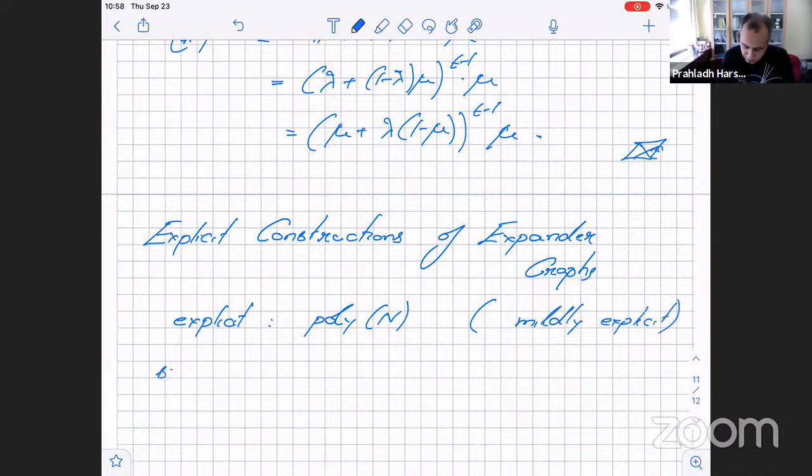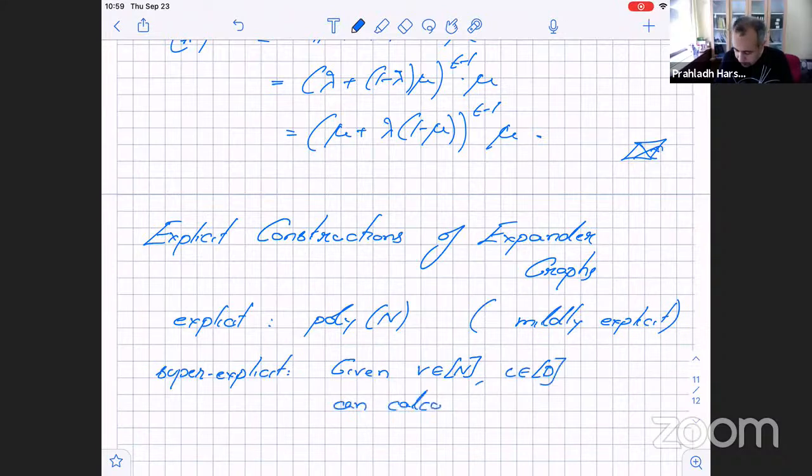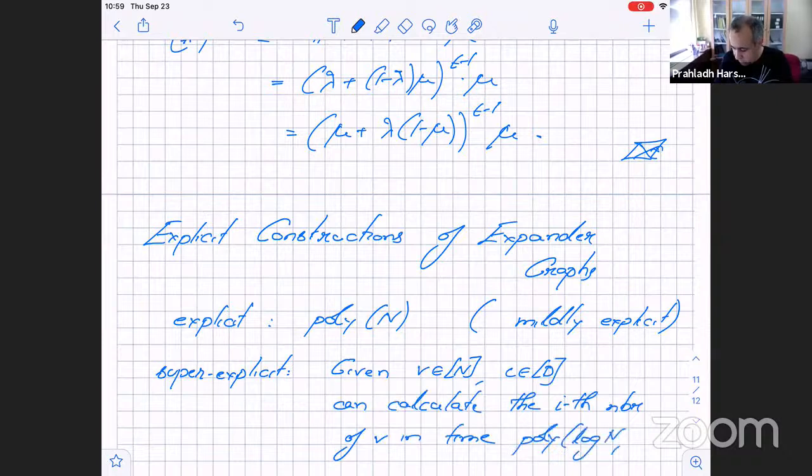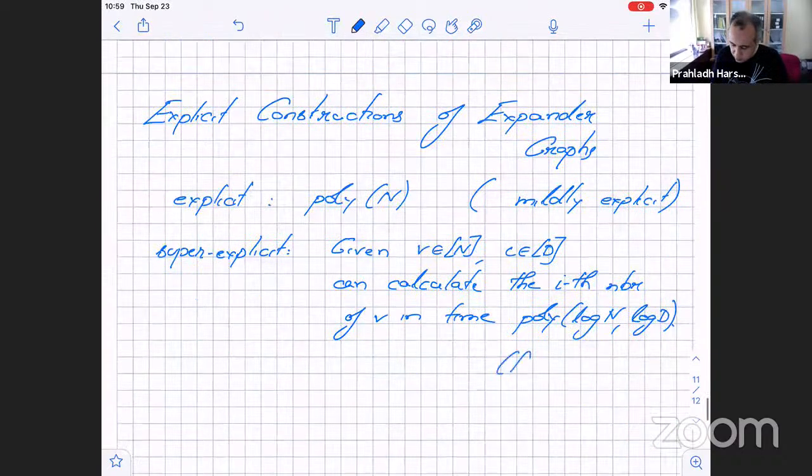And then super explicit: if, given v in n and i in d, it can calculate the ith neighbor of v in time polynomial in its input length, that is poly in log n and log d. Then we call it super explicit. This is sometimes also called fully explicit.